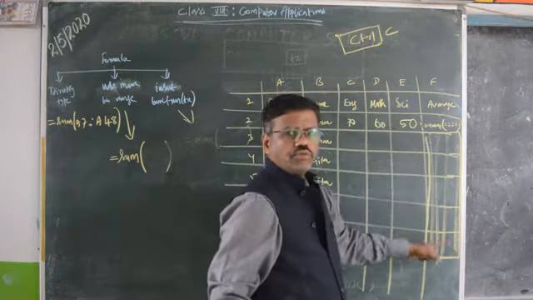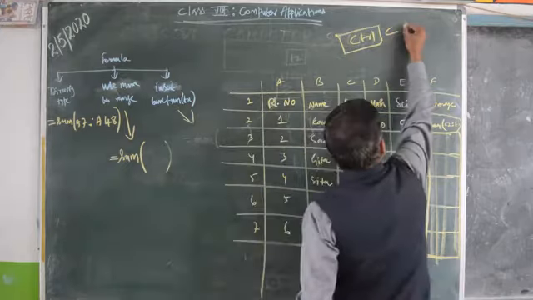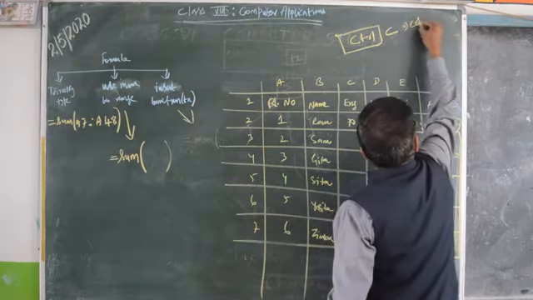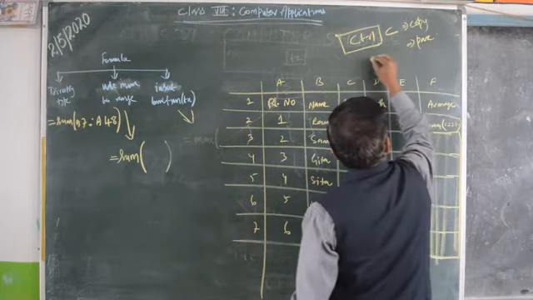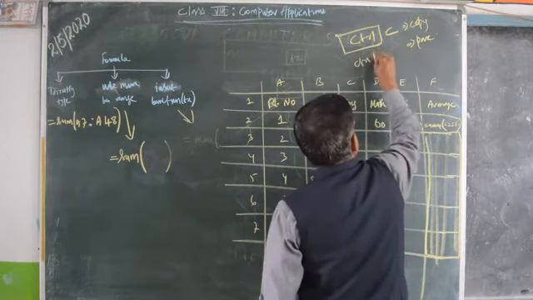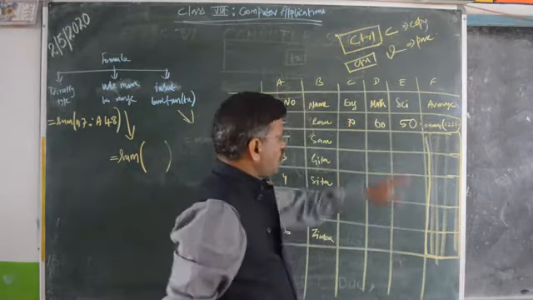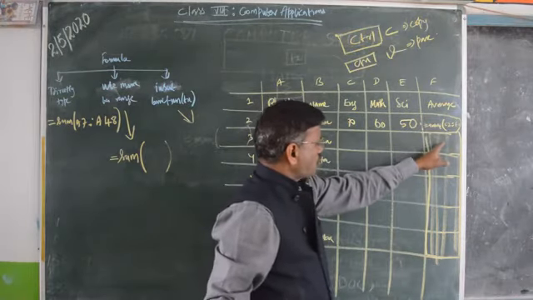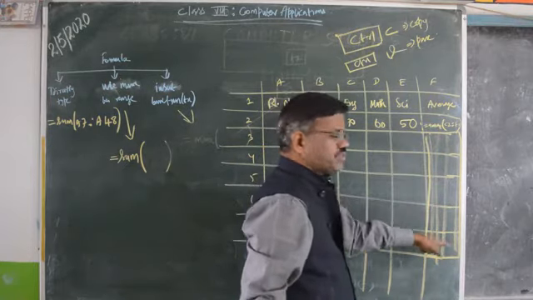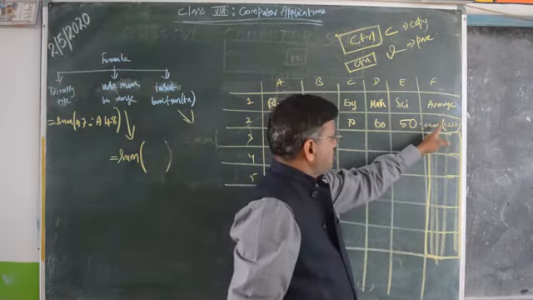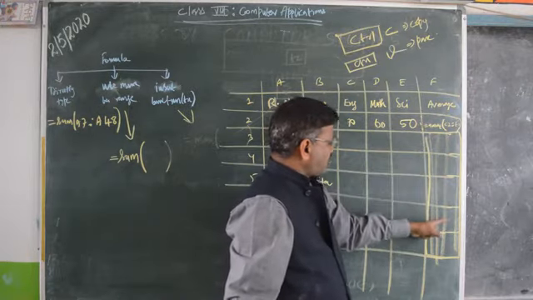The same formula will be copied. When I say Control V, the formula will be copied here in F3, F4, F5, F6, F7. That is, F2 will be copied to F3, F4, F5, F6, F7.